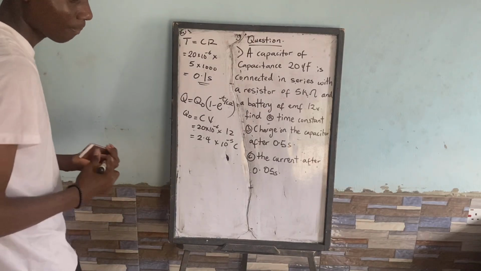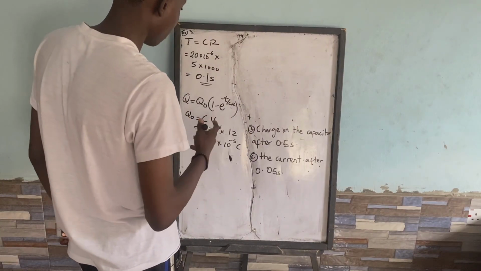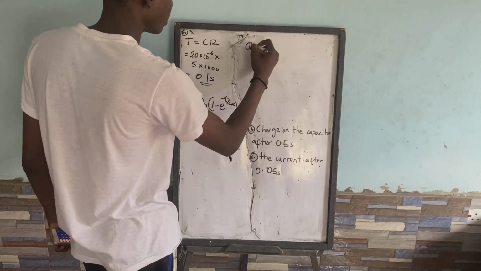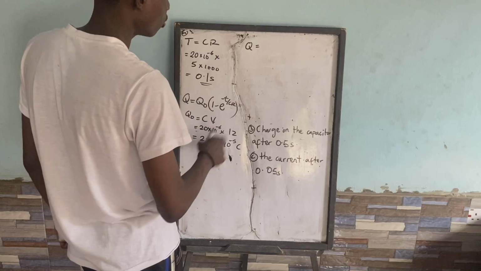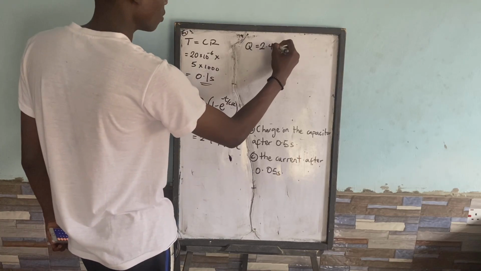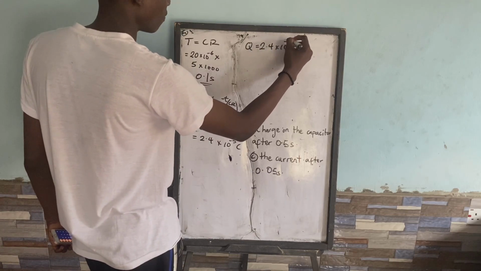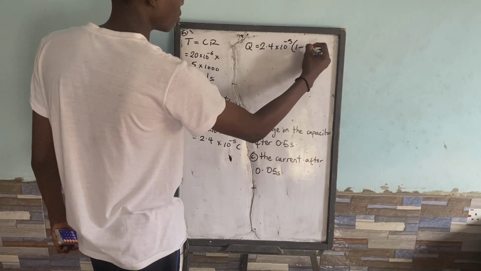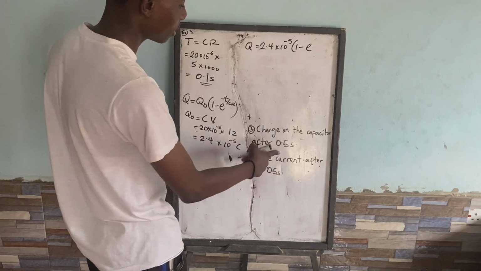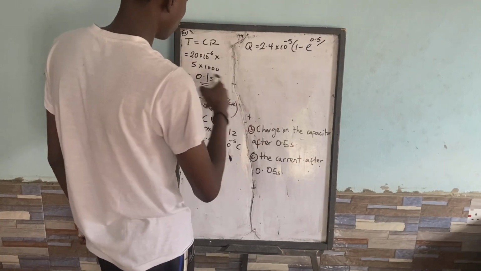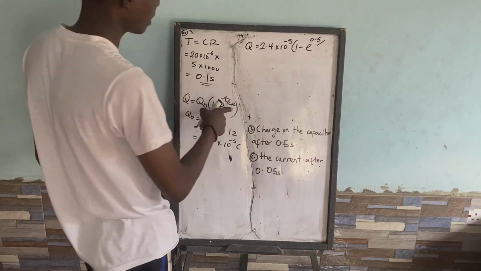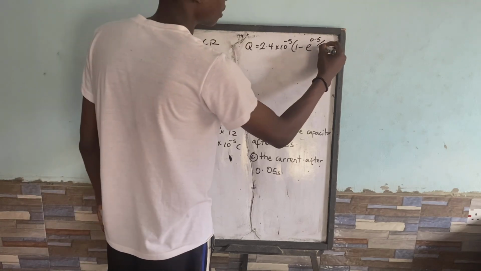So from here now we have our Q, since that's the final charge we're looking for after 0.5 seconds, is equal to our Q naught, 2.4 times 10 raised to power minus 5, brackets 1 minus exponential. What is the time given to us? 0.5 seconds. So 0.5 over what is our CR? That's the time constant, 0.1.